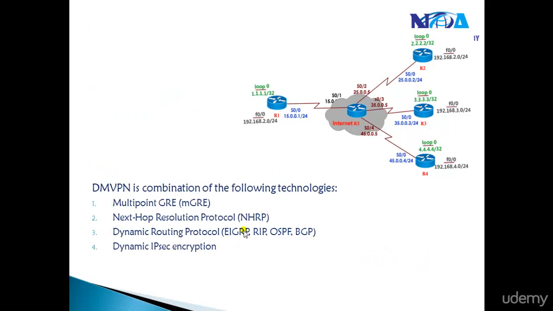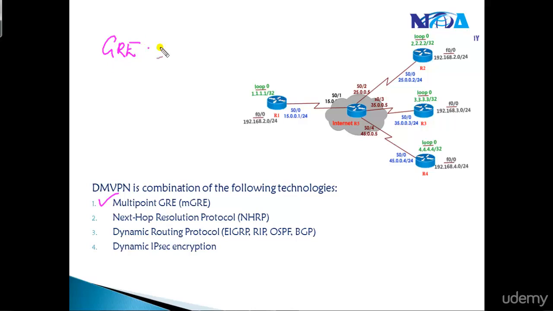This DMVPN implementation can be done by using different technologies. There are different technologies which help DMVPN to work. The first one is the multi-point GRE interface. Multi-point GRE is similar to a normal GRE.